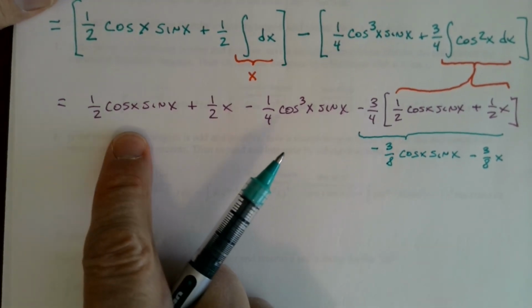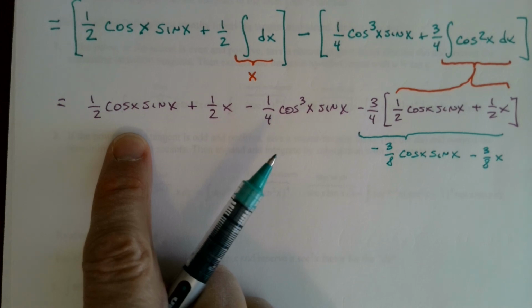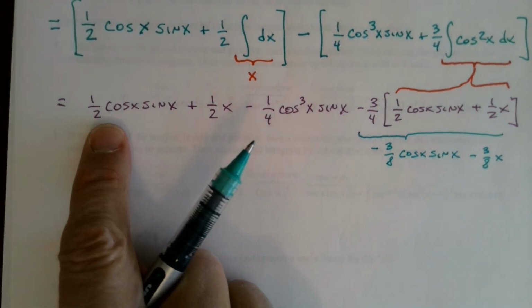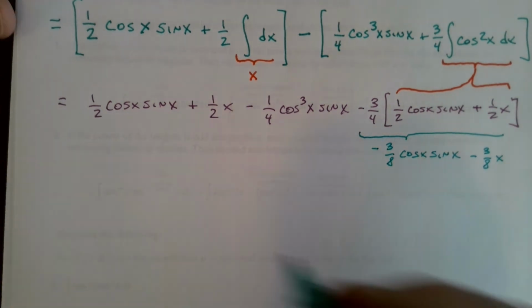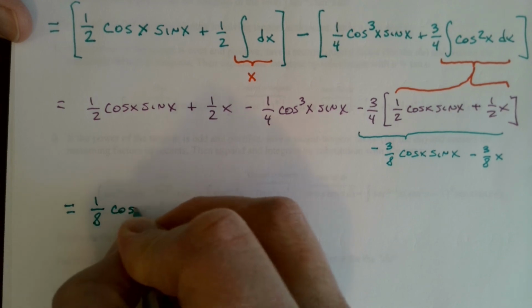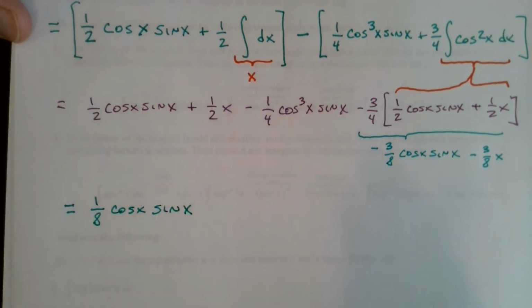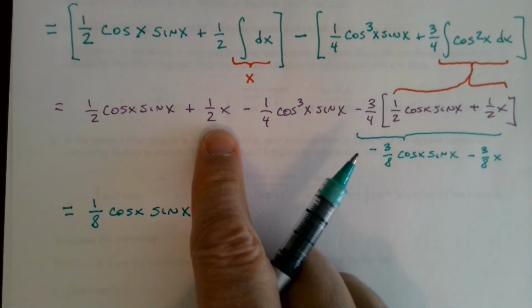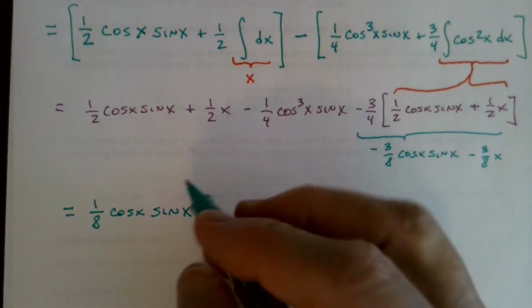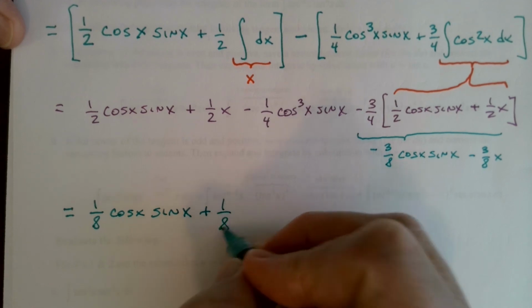Then I can combine some like terms. So I've got 1/2 cosine x sine x minus 3/8. 1/2 is 4/8, 4/8 minus 3/8 is 1/8. I've got 1/2 x minus 3/8 x. 4/8 minus 3/8 is 1/8 x.